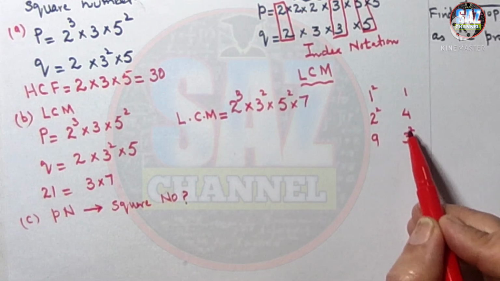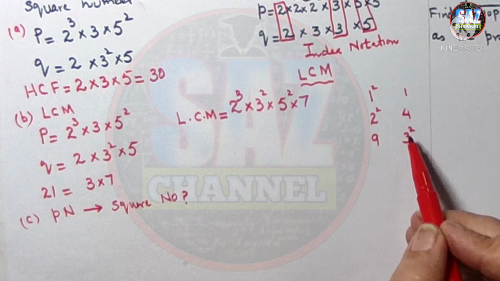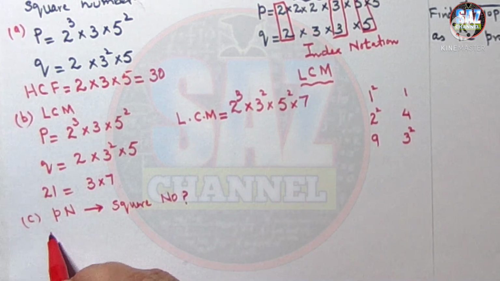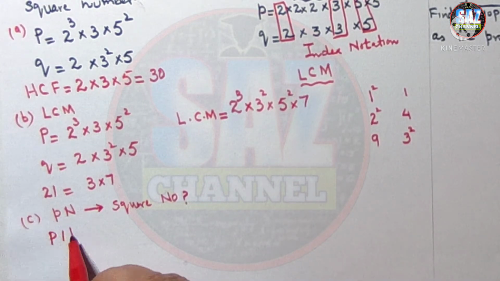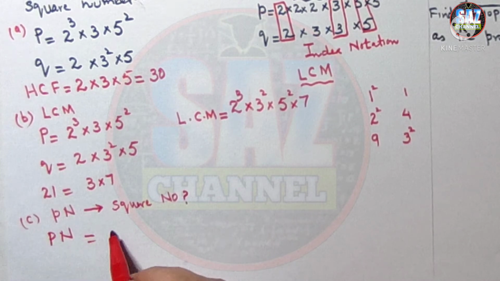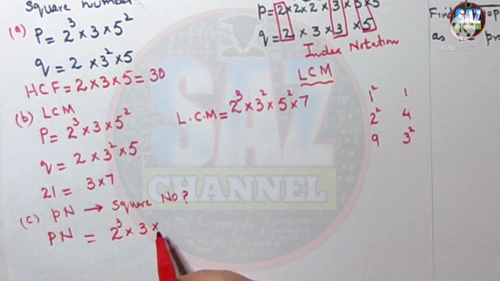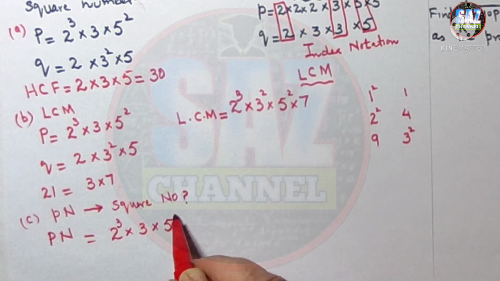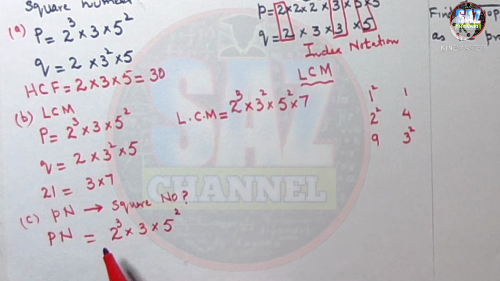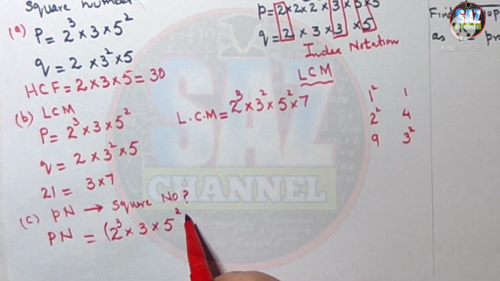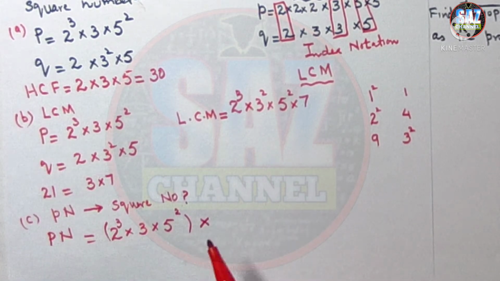Now we have to first look at P and then the additional number n: 2 raised to the power of 3 multiplied by 3 multiplied by 5 square. If we look at the powers of 2, they are odd.